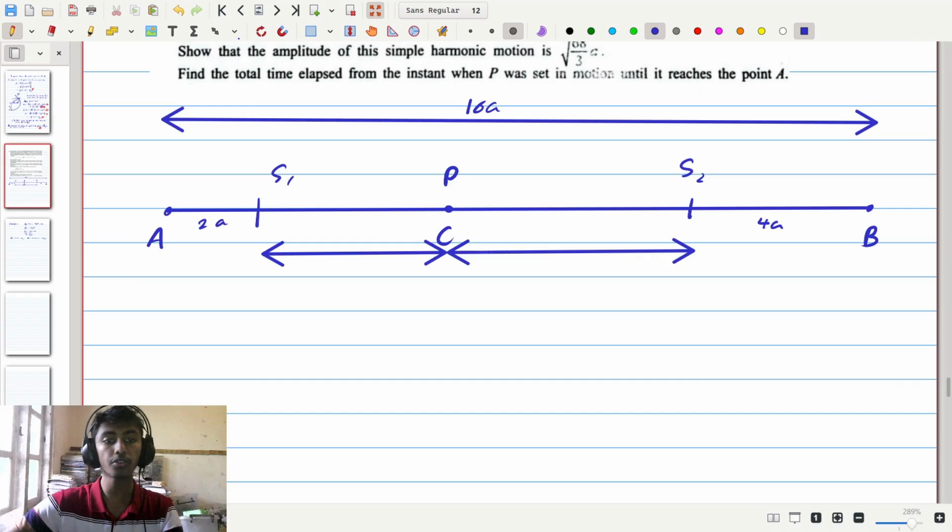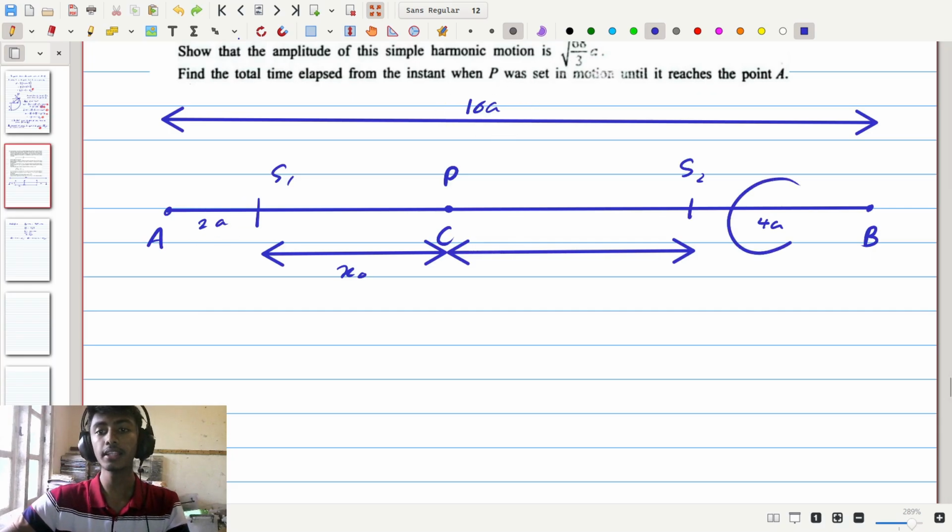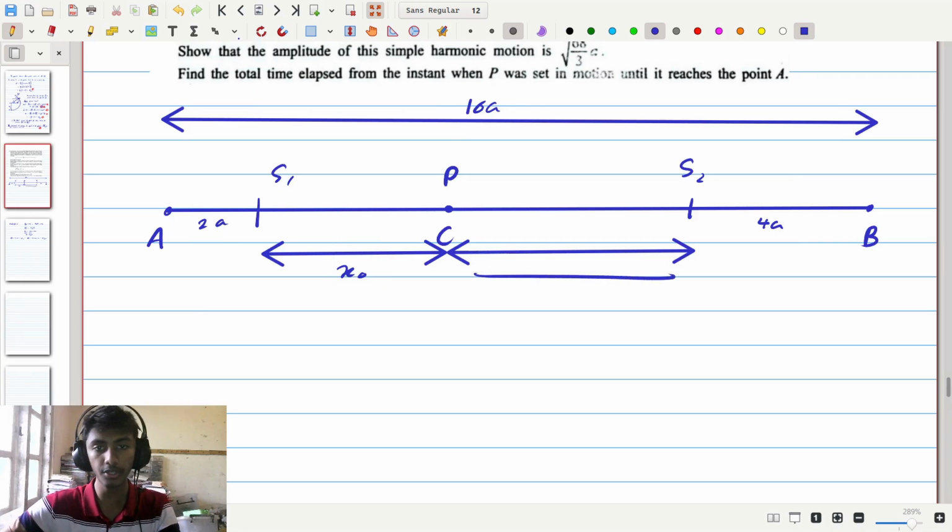Now let's suppose that the extension of the string S1 is, say, x0. Given this, since the total distance here is 16a, this distance is 2a, this distance is 4a, and this distance is x0, this distance must be 16a minus 2a minus 4a minus x0, which is 16a minus 6a minus x0, or 10a minus x0.